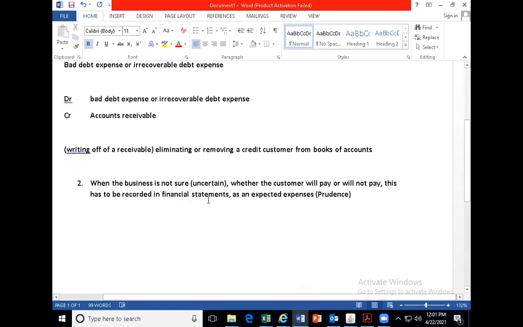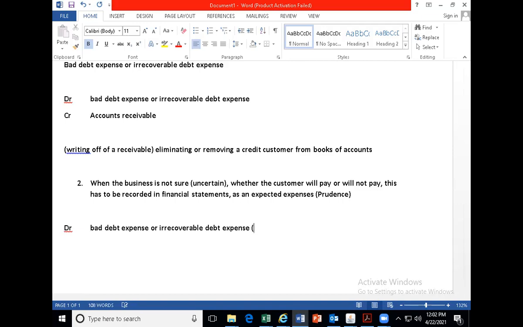Whereas when we are not sure whether the customer will pay or not, we cannot remove the customer from the accounting books. So we cannot write off the customer from the books of accounts. So what we do instead is debit the same thing, bad debt expense, or irrecoverable debt expense.